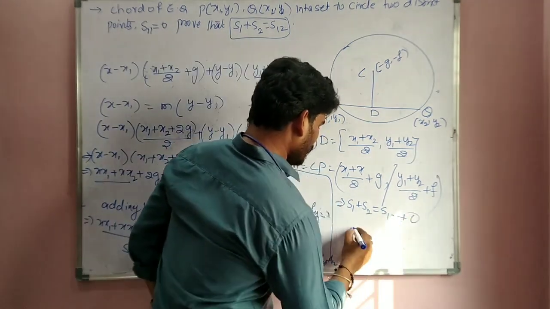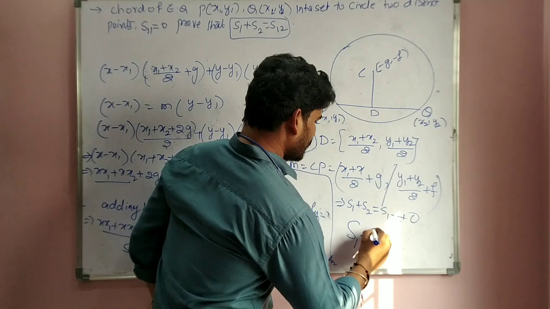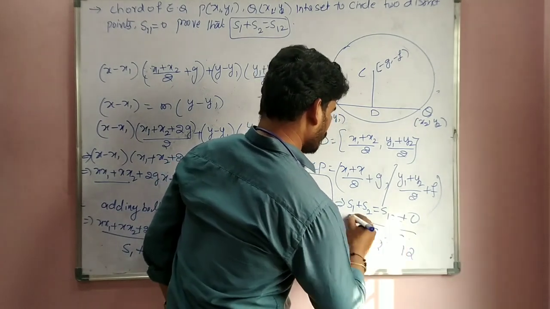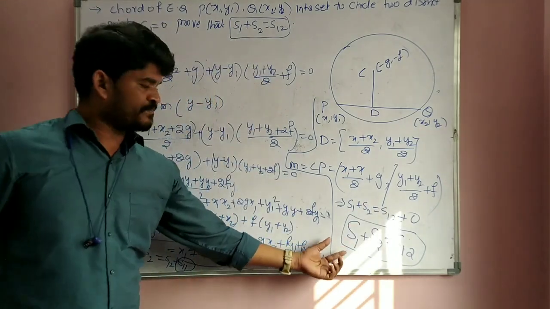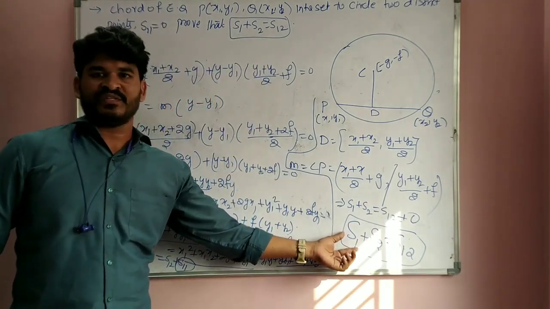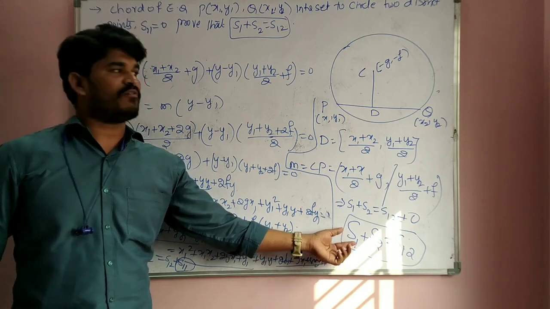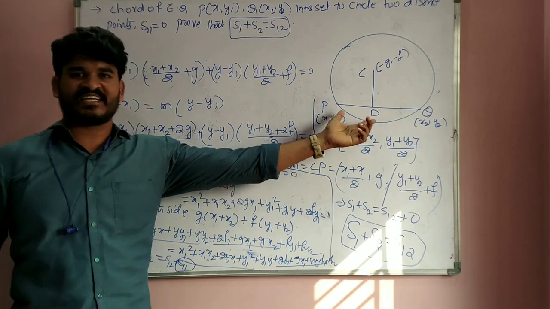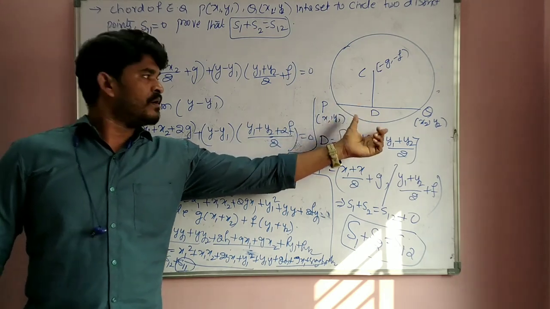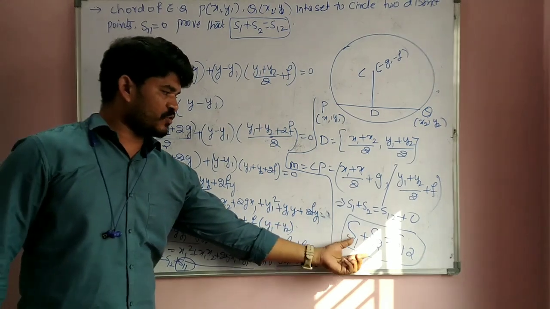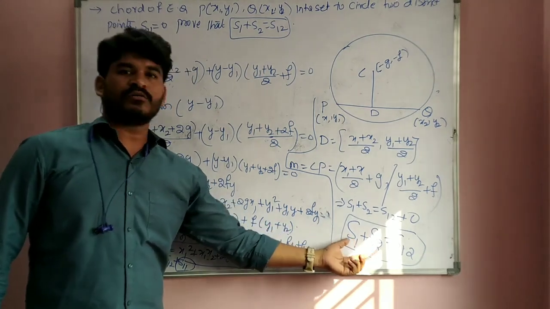Therefore S1 + S2 = S12. This is the equation of the curve. When the two points P (x1, y1) and Q (x2, y2) intersect the circle, they make the chord PQ. This is the equation S1 + S2 = S12.